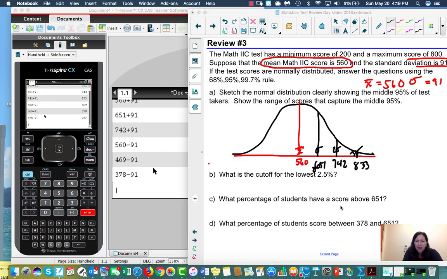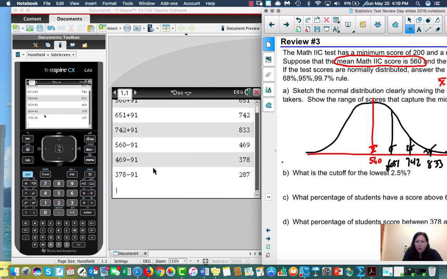Okay, so these values on the left are going to be, we've got 560. One standard deviation away is going to be 469. Two standard deviations away is going to be 378. And then three standard deviations away will be 287.